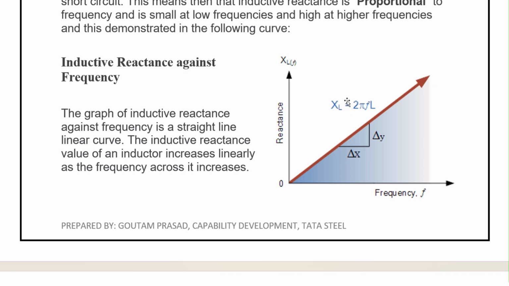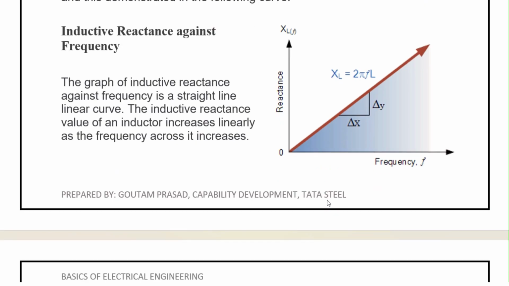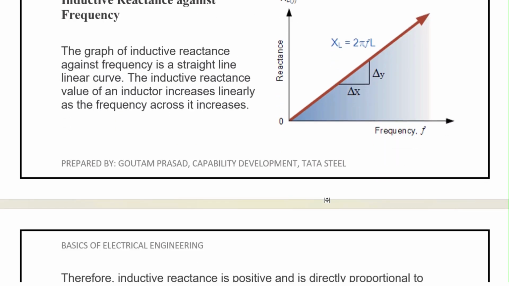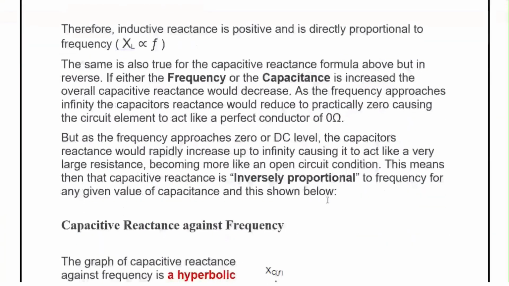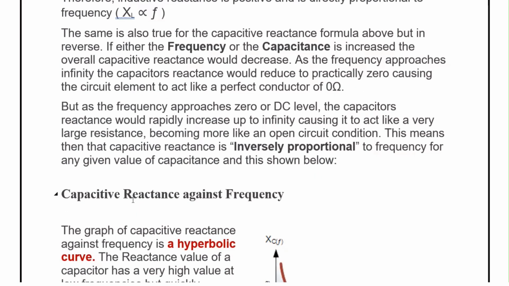This is the equation of a straight line, and so the graph is a straight line. So reactance versus frequency is a straight line. Therefore, inductive reactance is positive and directly proportional to frequency.